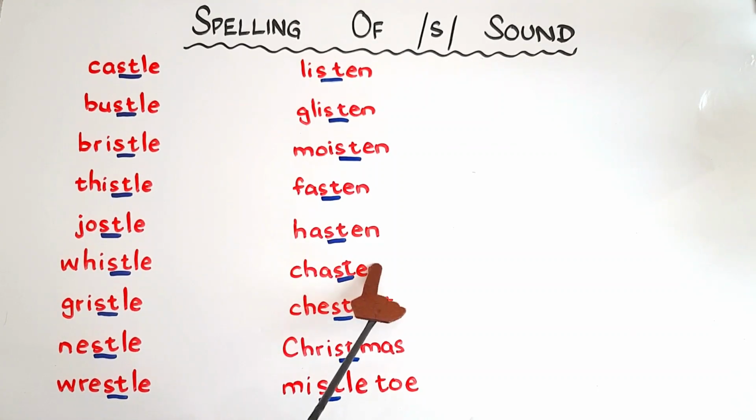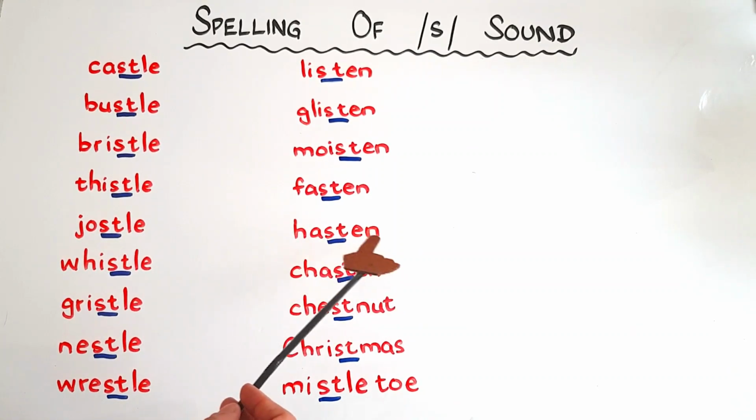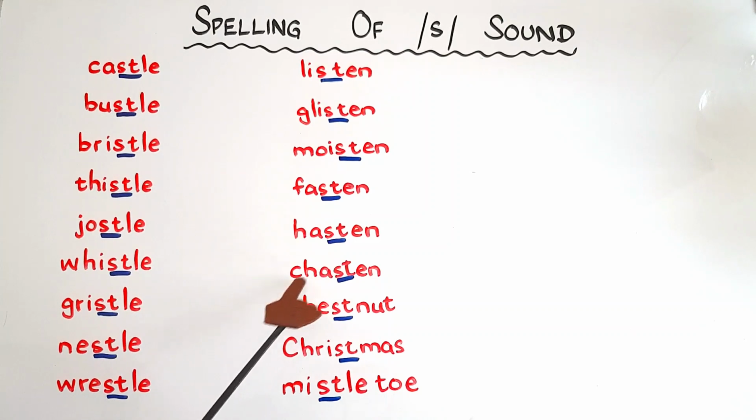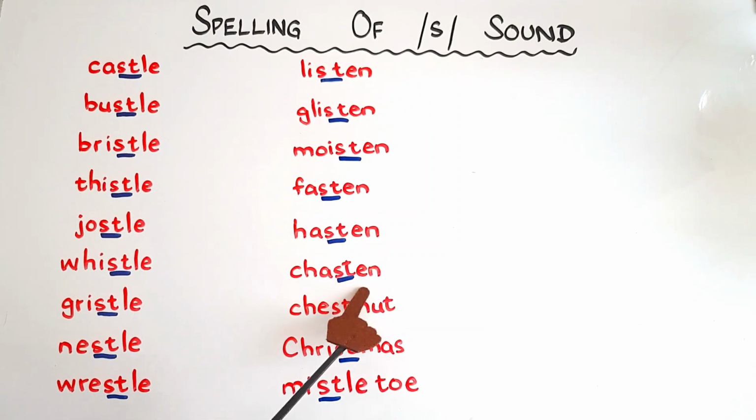Then the word is hasten. Hasten means to be quick to do something. Then we have the word chasten. Chasten means to punish somebody, to correct him. The next word is chestnut. It's the name of a nut. We commonly mispronounce this word. It's not chest-nut, it's chesnut without T. Then the most famous word Christmas with the silent T inside.